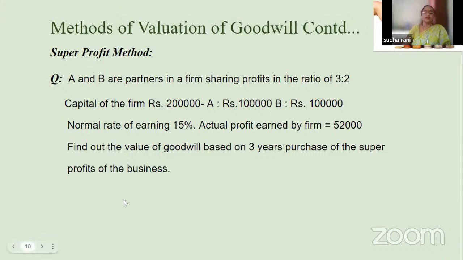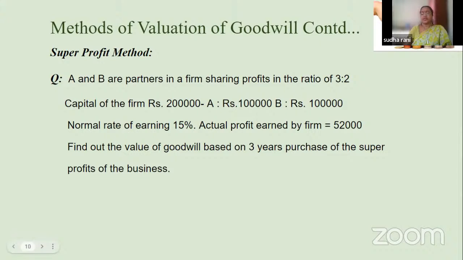The second method, super profit method. Super profit method means generally in the question you will be given the capital of the firm, then normal rate of earning on the capital, annual profit during that year, and number of years purchase.